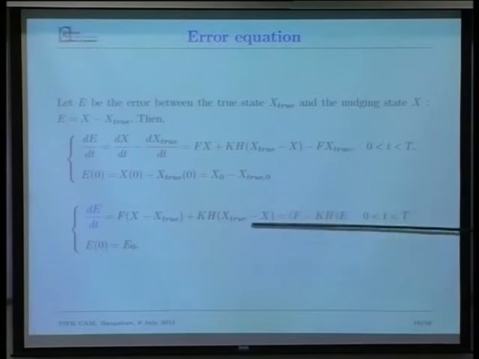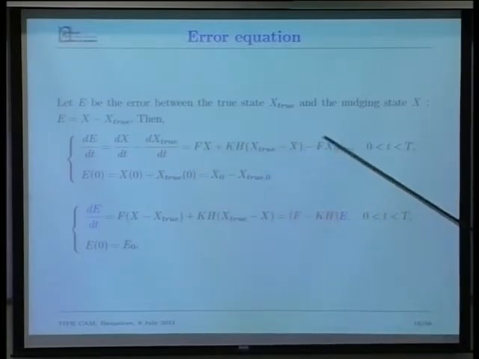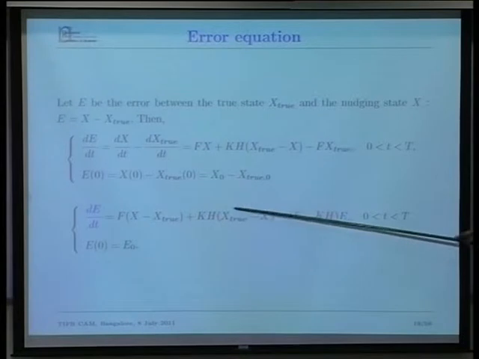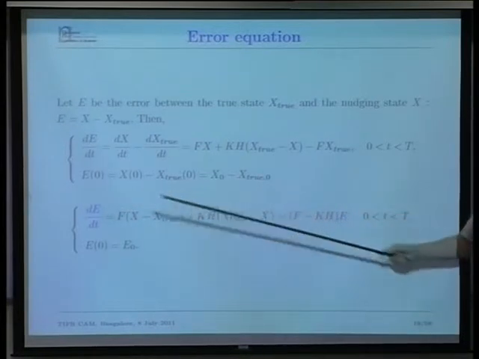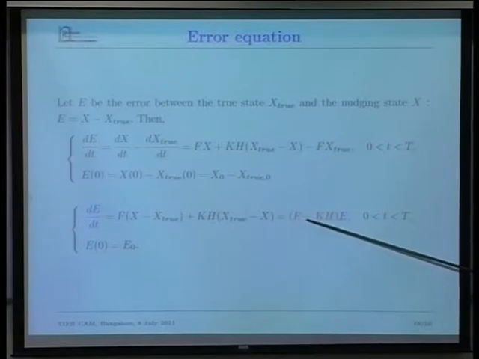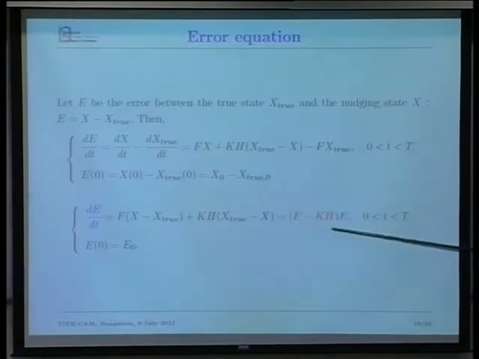We can rewrite it like that: F times (x minus x true), and KH times (x true minus x), sorry. So at the end, the error E is solution of dE/dt = (F minus KH) E. Everything is in this matrix, F minus KH: the model minus the nudging correction.